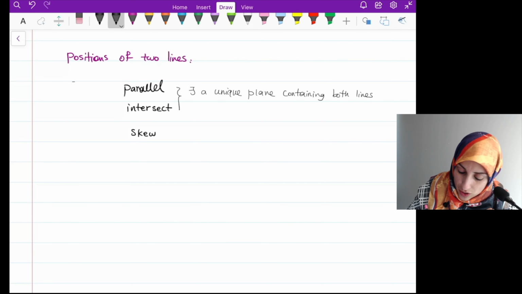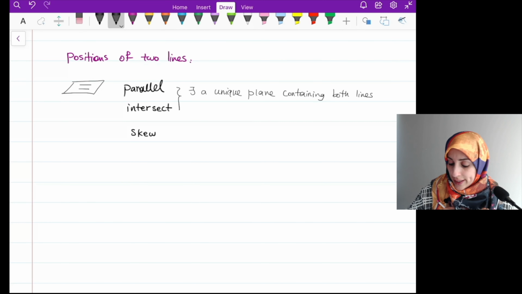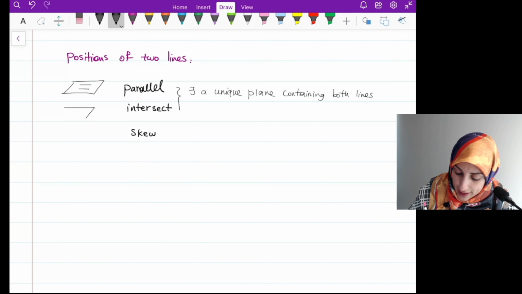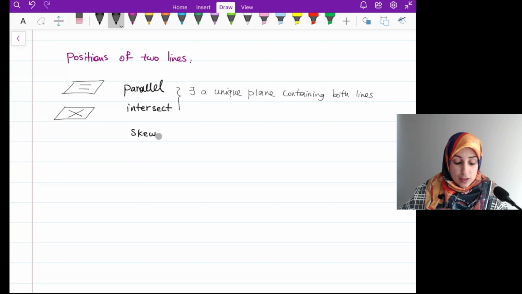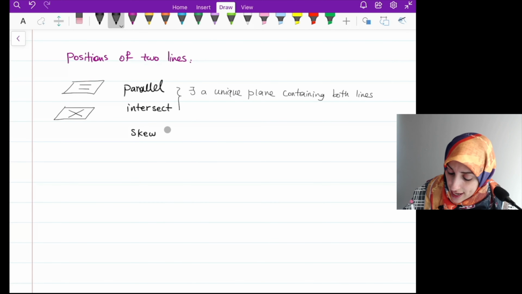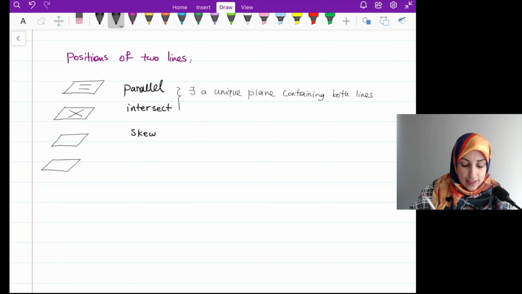If they are parallel like this, or if they intersect, I can have a plane passing through them. But if they're skew, it's not this situation. It means that I have two planes that contain each one of them.